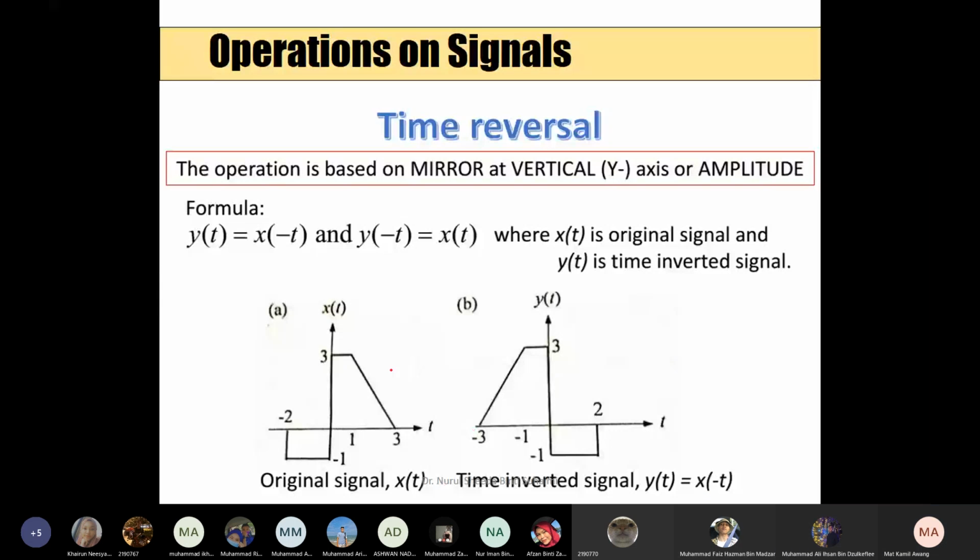So, for example, first we start from here. At time minus 2, y of t is equal to x of minus 2. So y of 2 equals x of minus 2.